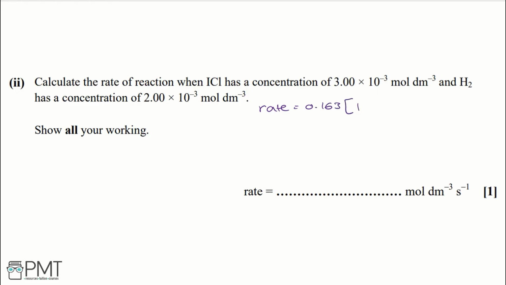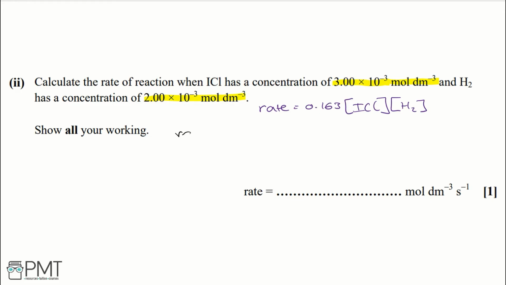0.163 times the concentration of ICl multiplied by the concentration of H2. And our 0.163, that's our K value. So then we can plug in the concentrations of ICl, which is 3 times 10 to the negative 3 moles per decimeter cubed, and H2, which is 2 times 10 to the negative 3 moles per decimeter cubed, and work out our rate.